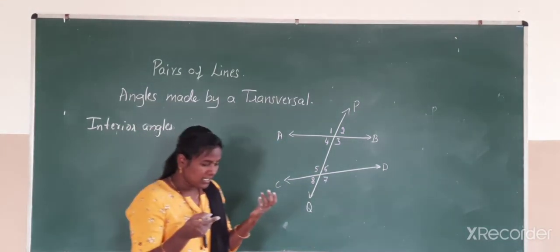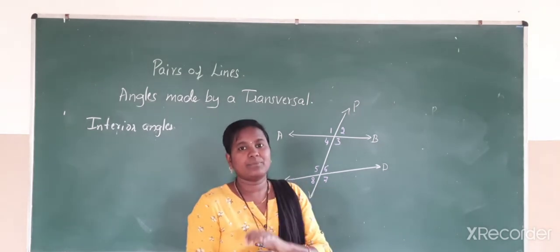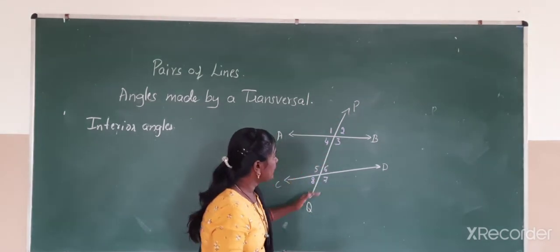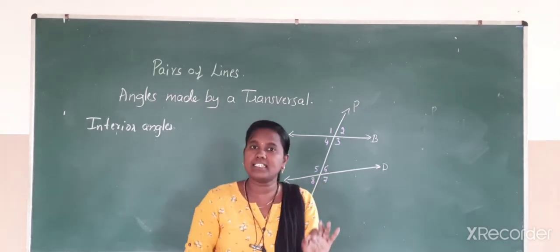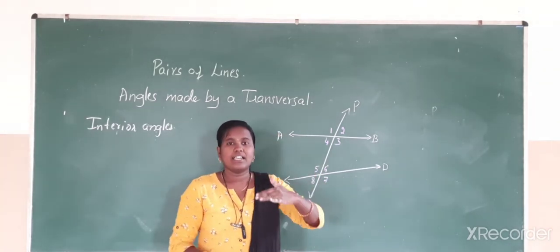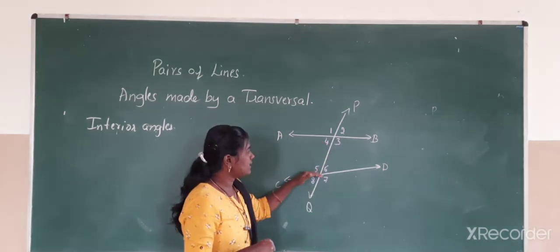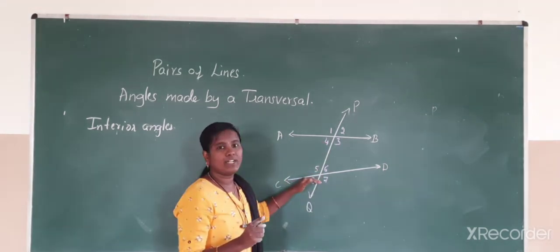So what is the definition, or how can you define the interior angles made by a transversal? Yes, interior angles are the angles which are inside the pair of lines.